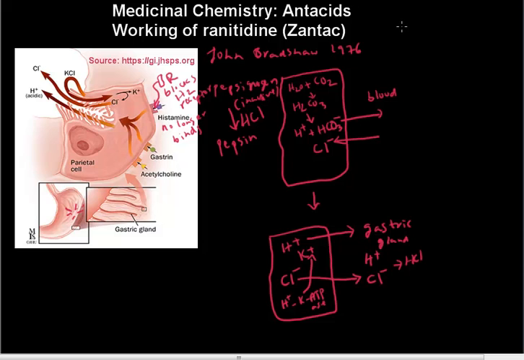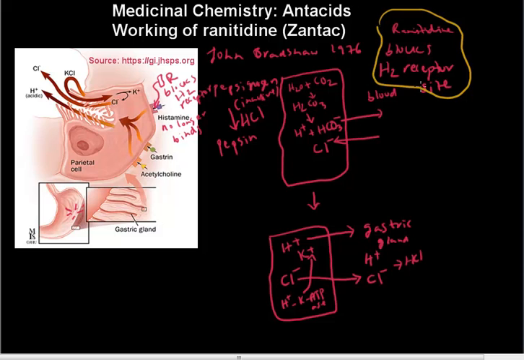If I have to summarize it, I can say ranitidine simply blocks the H2 receptor site, and precisely for this reason, since this drug blocks the H2 receptor site on a parietal cell, they're also called H2 receptor antagonists.